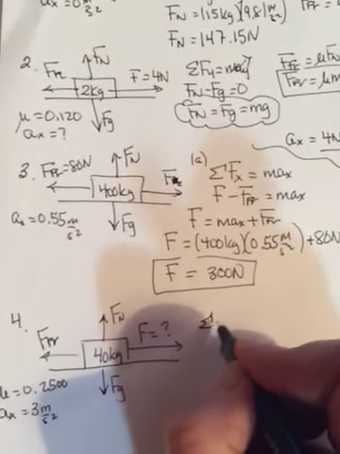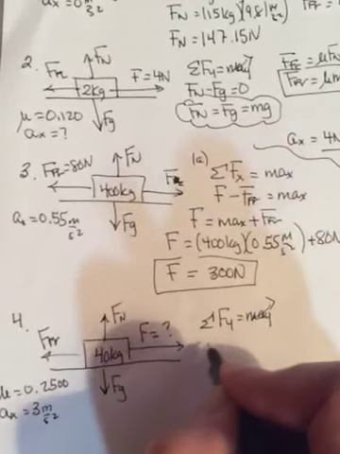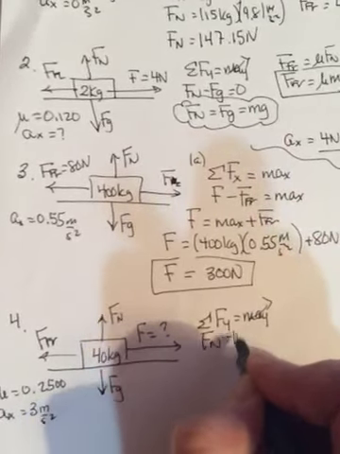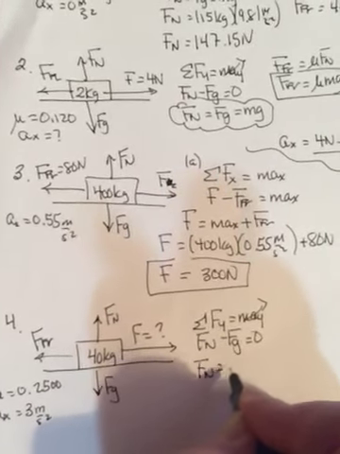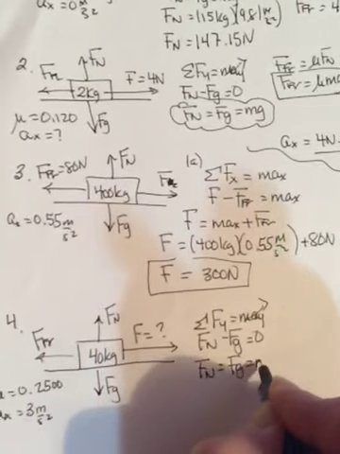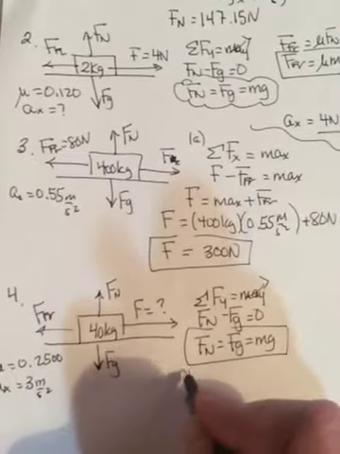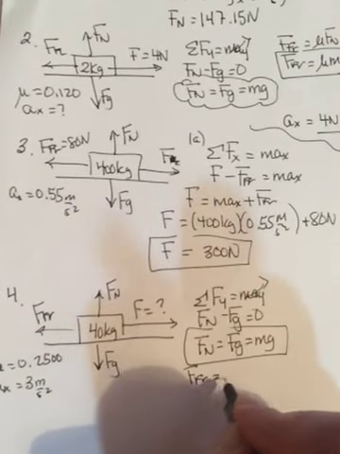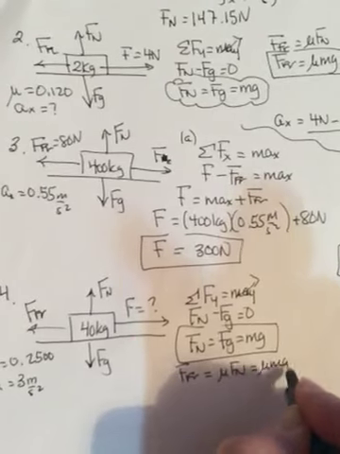So I'd start with the sum of the forces in the y equal to m a_y. It goes to 0. So Fn minus Fg equals 0. So Fn equals Fg equals mg, and I wouldn't fill my numbers in. And then friction is equal to mu Fn, so it's just going to be mu mg.